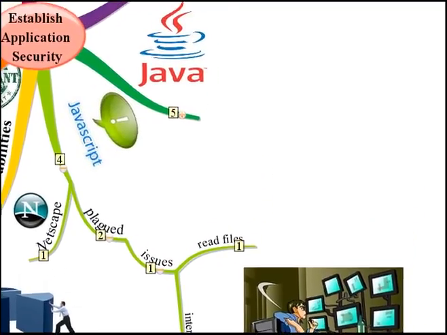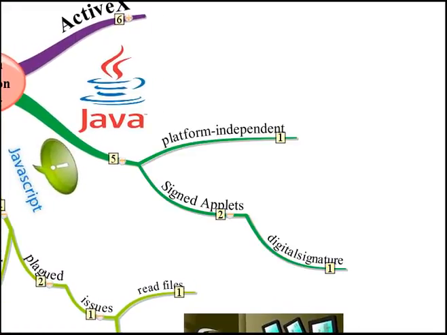Java. Java is an object-oriented, platform-independent programming language created by Sun Microsystems. Java is typically used on Internet websites to provide small programs, called applets, that can be downloaded to a user's web browser.